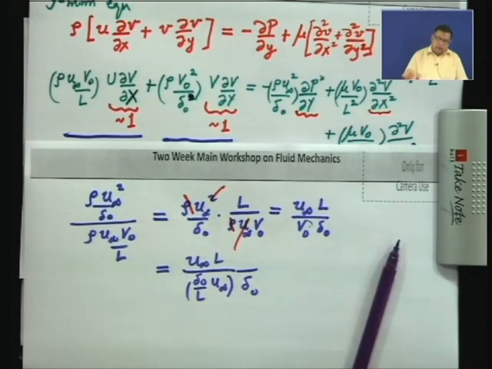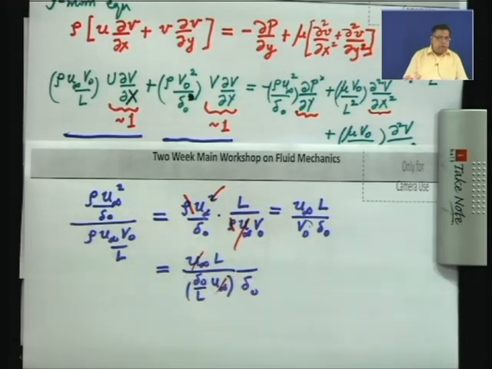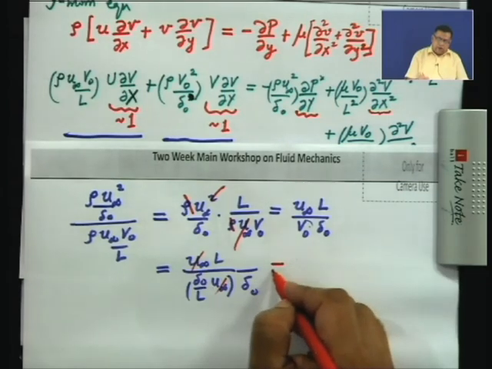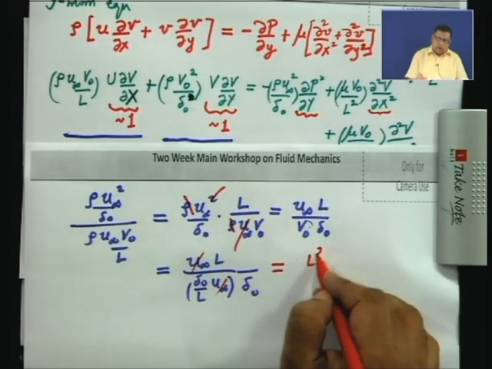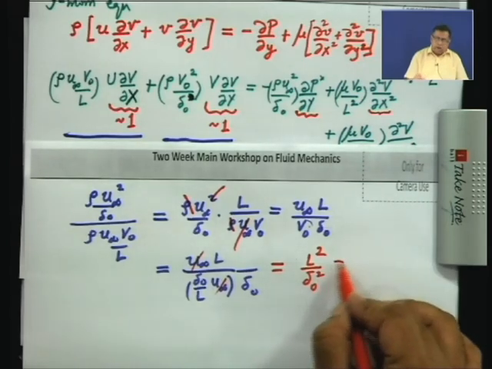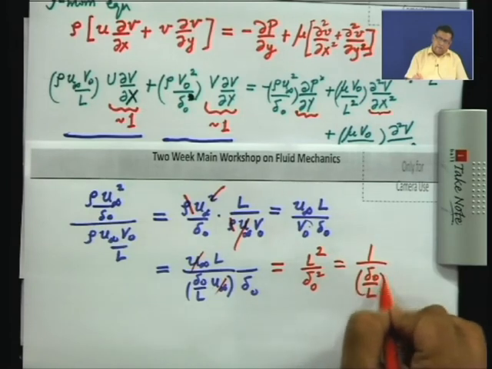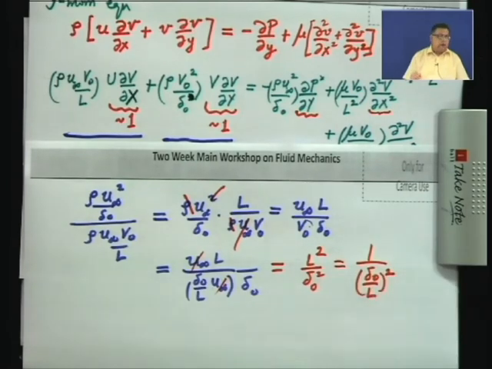Now, you see that this u infinity cancels out and you get L squared by delta naught squared, or in other words I get 1 upon delta naught by L whole squared.